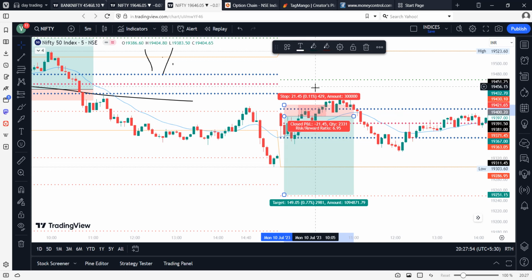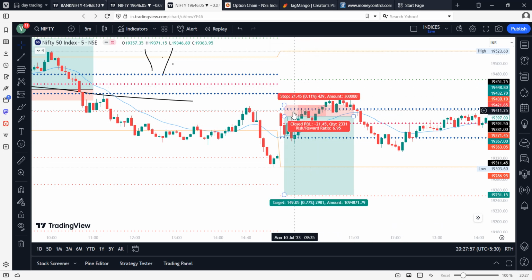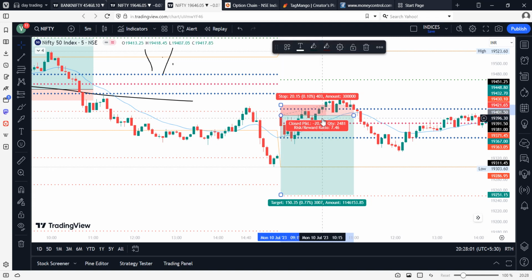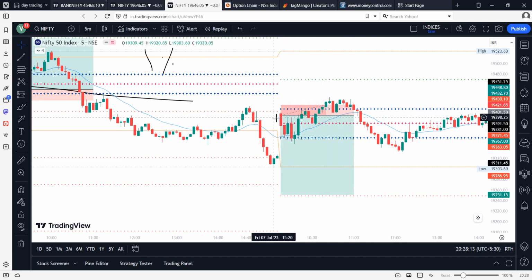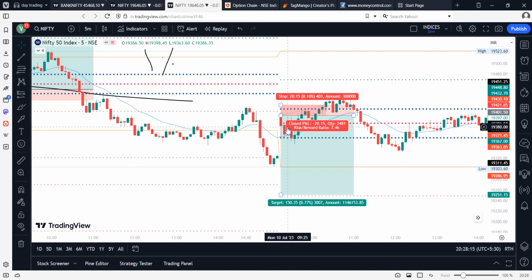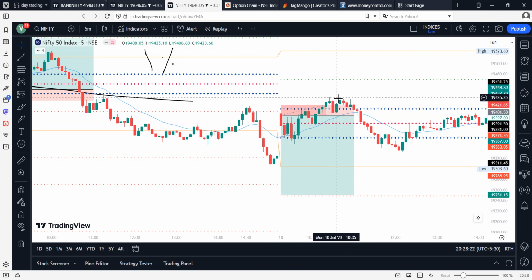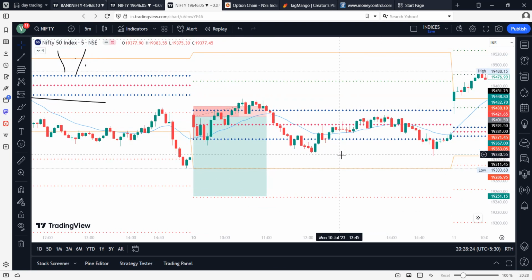Okay, if that doesn't permit you, please don't take the trade, because most of the time it will take your stop losses. You have to put your stop loss above this CPR, because you are bearish in the market. So what happened here? It took your stop loss. Okay, there is a bearish move for 15-20 minutes, and it suddenly took the support here, and took your stop losses, and throughout the day this is a sideways day.